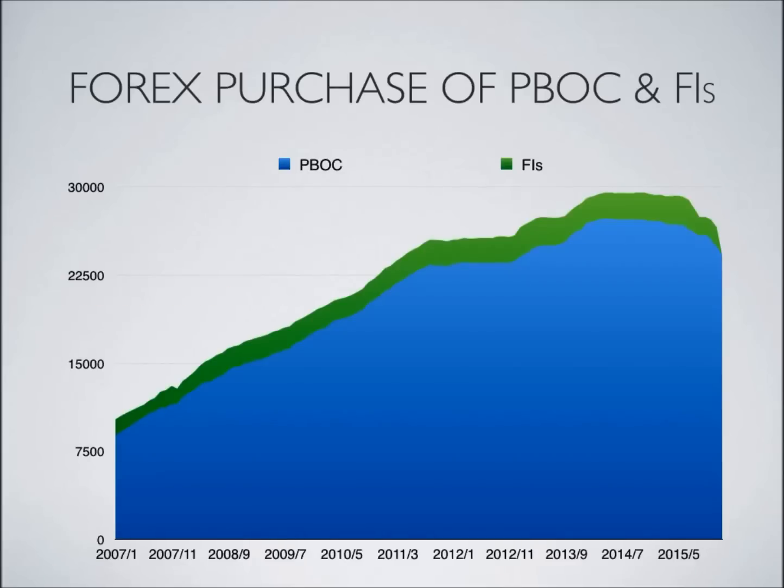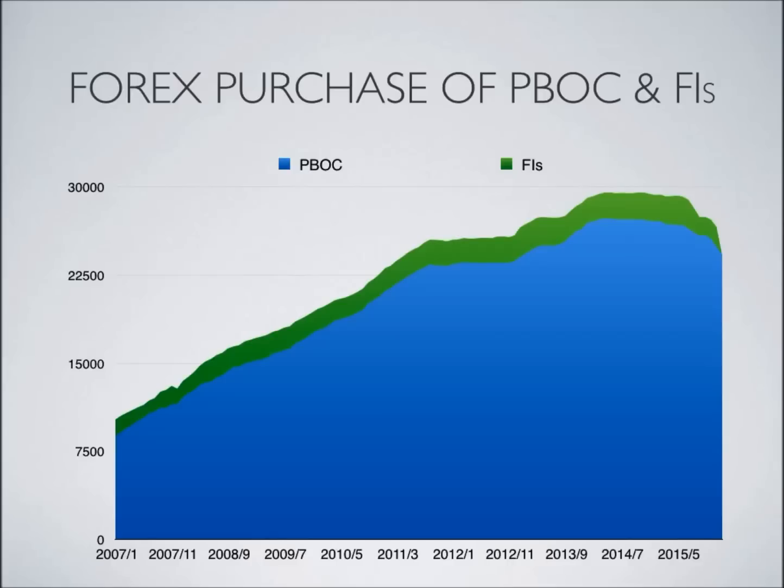If we look at the chart to see the relative positions of PBOC and financial institutions, we can find that the major chunk of the total financial institutions Forex purchase position was actually PBOC's. The financial institutions only account for 7% of the total Forex purchase position.